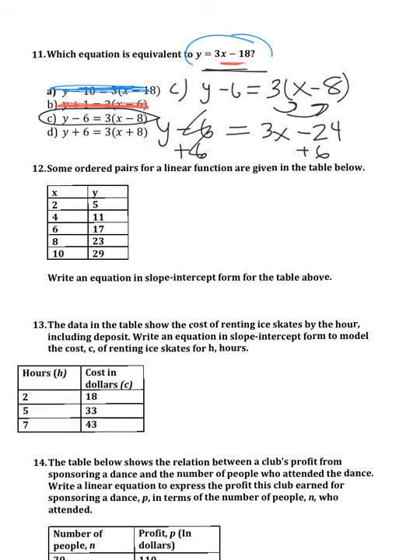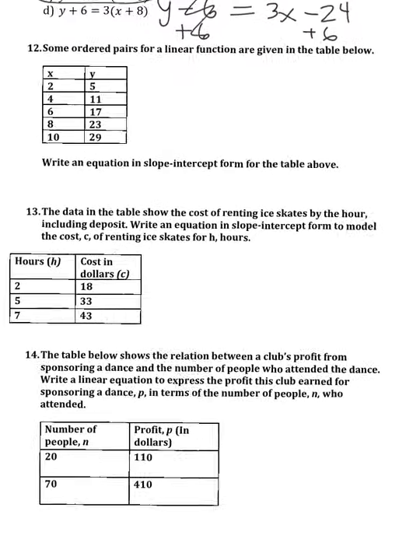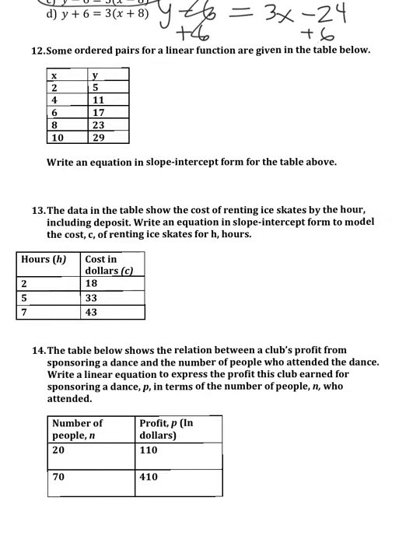Okay, let's look at question 12. Some ordered pairs for a linear function are given in the table below. Write an equation in slope-intercept, y equals mx plus b form for the given table. You can use any points you want, I like to use smaller numbers, so I'm going to go ahead and use 2, 5, and I'm going to use 4, 11.